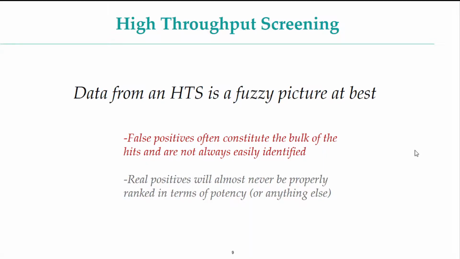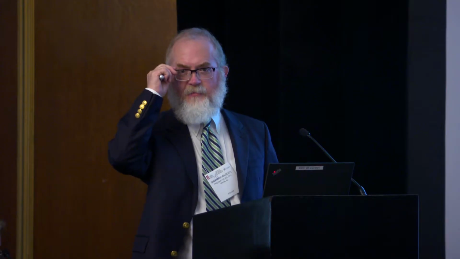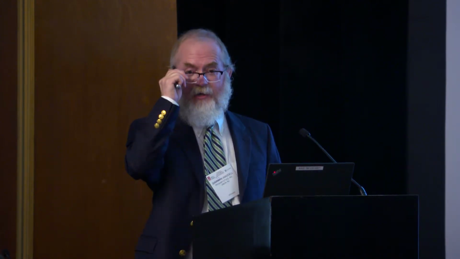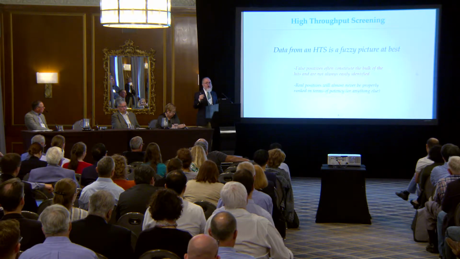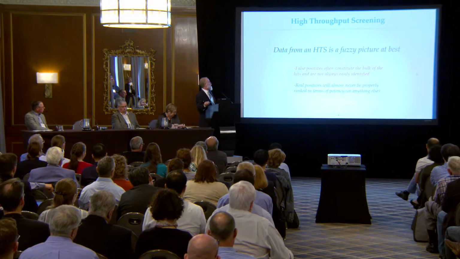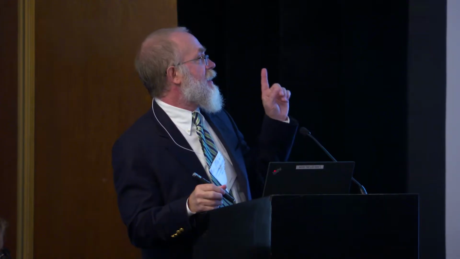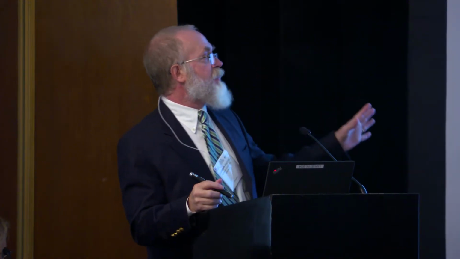So what this all means is that the data from an HTS screen is at best a pretty fuzzy picture. I'm pretty nearsighted, so if I take my glasses off and look at the crowd, that's what I'm looking at. Put them back on, I see something a lot more clear, but it takes a long time to go from the fuzzy to the clear picture, and we'll talk about ways to do it. Two things that are almost always true: false positives will be the bulk of your hits. So you're going to get a lot of hits.